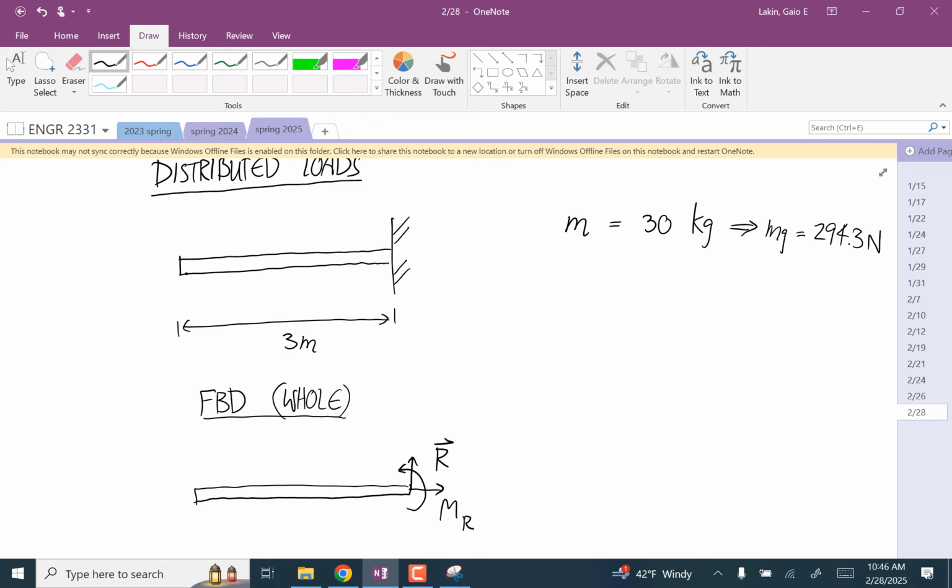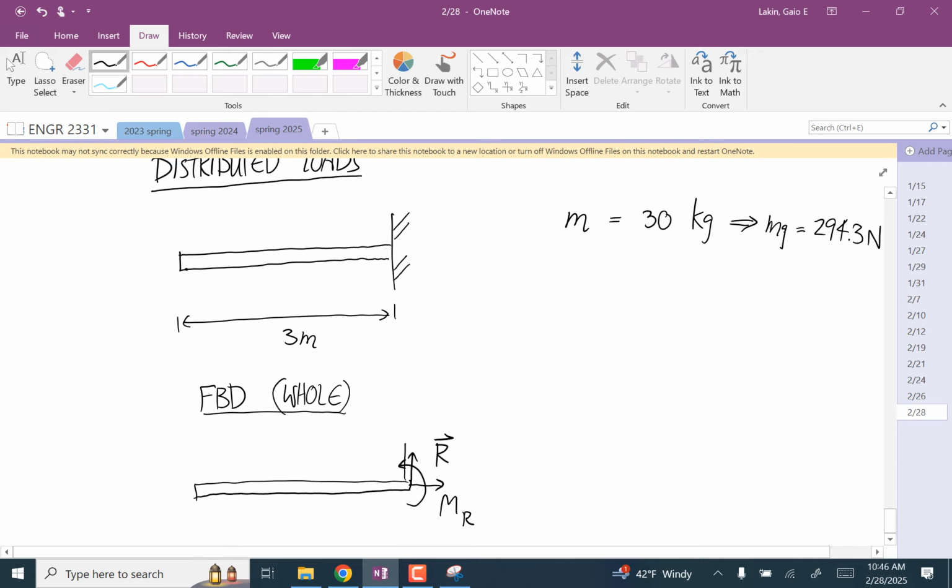And so if you divide that by the length of the beam, you have a uniform distributed load with a magnitude of 294.3 divided by the length, in newtons per meter.